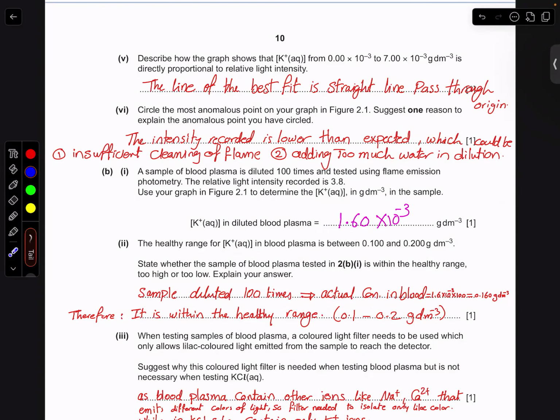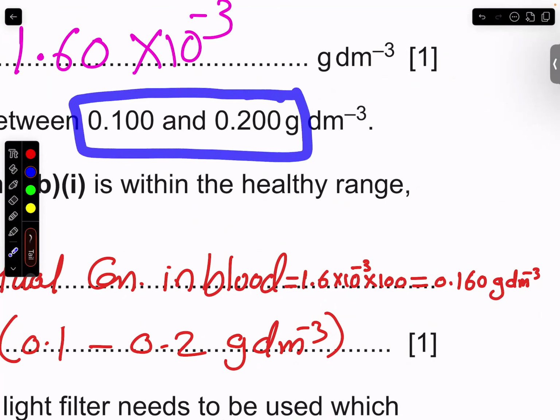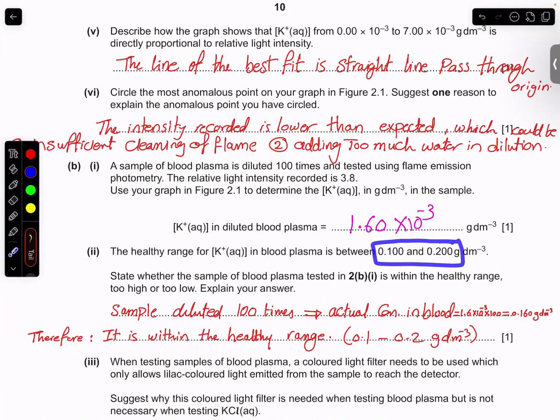So the actual concentration of K in the blood equals 1.6 times 10 to the power of minus 3 times 100, because the blood was diluted 100 times, which equals 0.16 gram per decimeter cubed. Since 0.16 gram exists in the healthy range, this concentration indicates the light intensity exists in the healthy range.